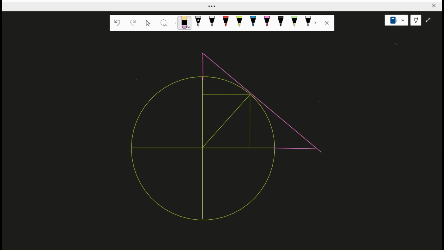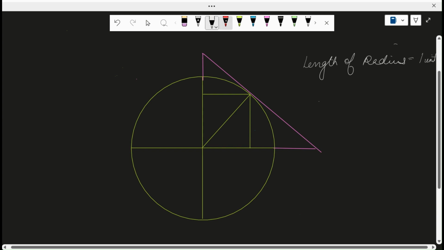So if I consider the very circle shown in the diagram, this will be the radius. Let the length of the radius be equal to 1 unit.